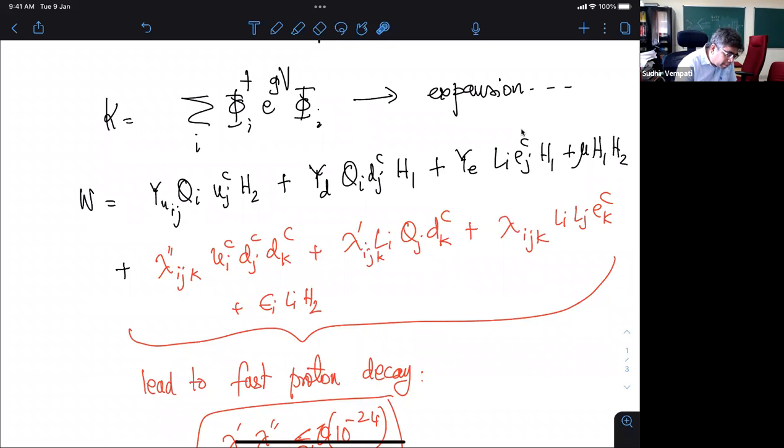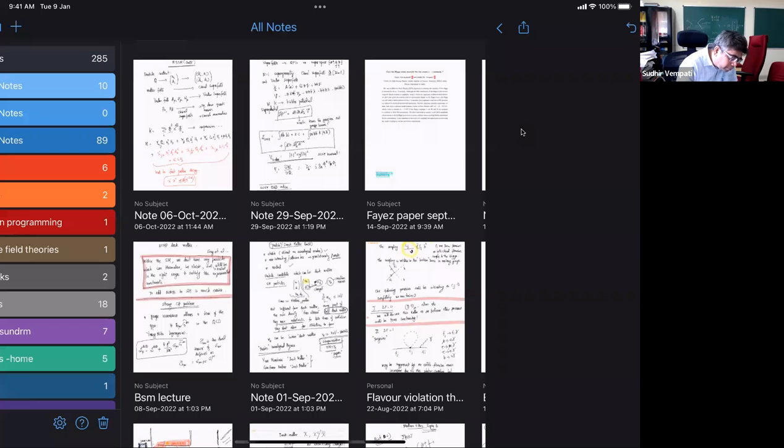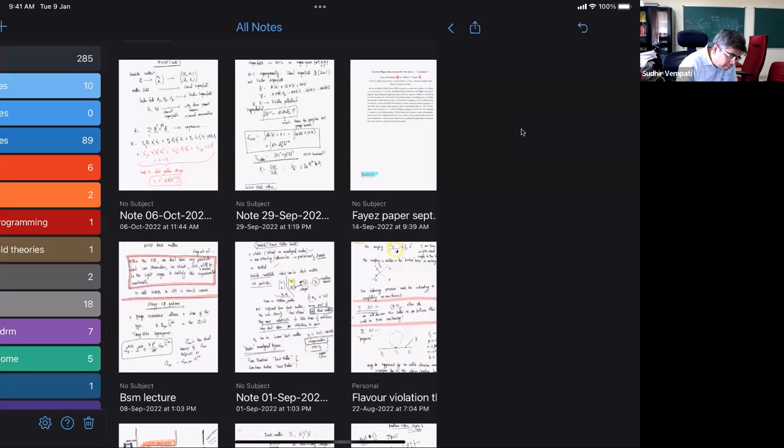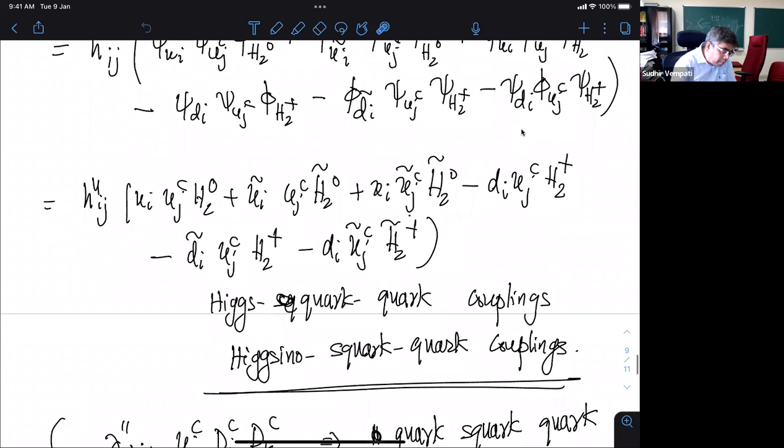So this we had done last time, essentially, I think. All the expansions are of this form. See, for example, this term contains U, UC, H20, U tilde, H20. So at every vertex, in terms of the component fields, you'll have 2 supersymmetric partners. So every vertex has 2 supersymmetric partners.